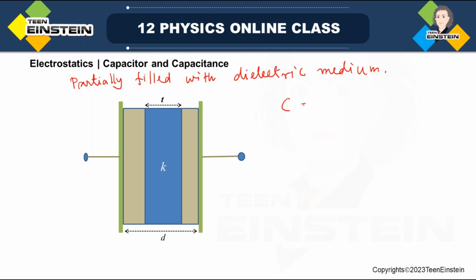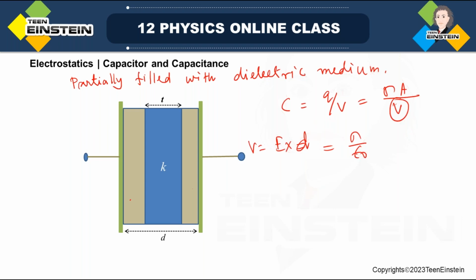Capacitance will be Q by V, right? Q can be written as sigma into A, by V, the potential difference that we have to calculate. Potential difference can be calculated as V is equal to E into D. So what is E here? E for the air part is sigma by epsilon 0.